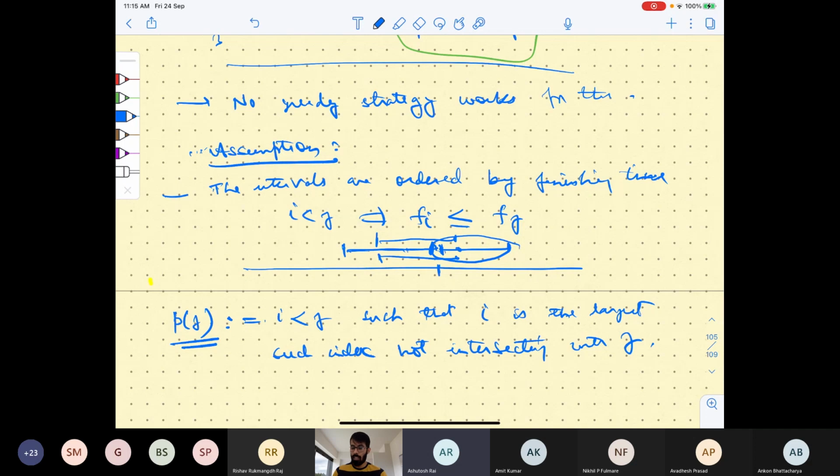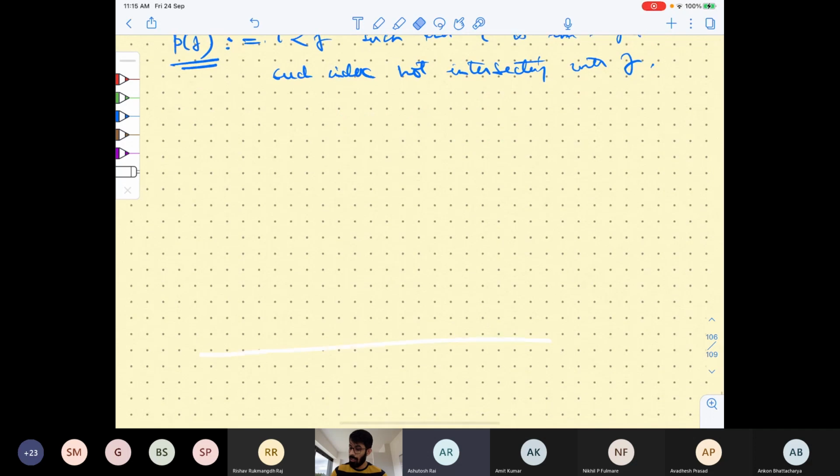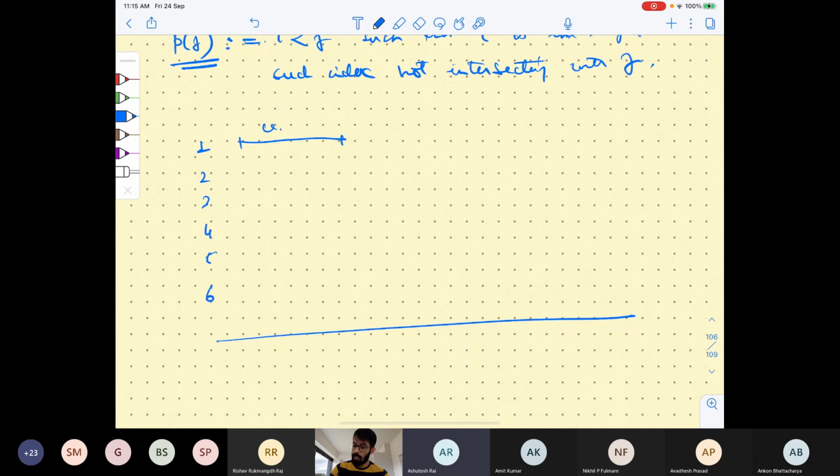Let's just see this with a quick example. Suppose you have 6 intervals. The first interval goes, let's say, like this. Let's say v1 is equal to 2.